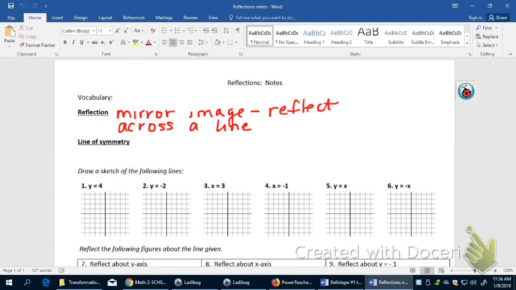It'll say reflected across x equals 5, or reflected across the y-axis, or reflected across something. It'll always tell you what they want you to reflect it across. So the line of symmetry is the line that you reflected about. If it says go across the y-axis, the line of symmetry is the y-axis.